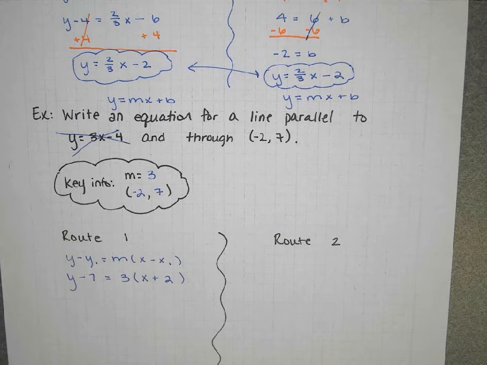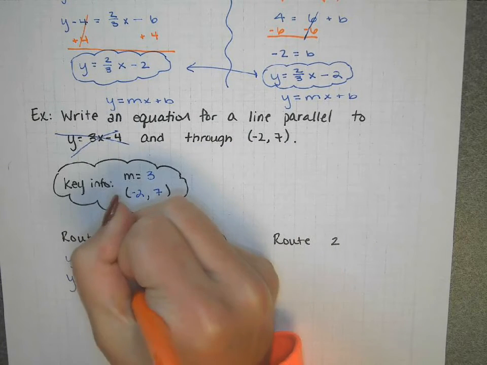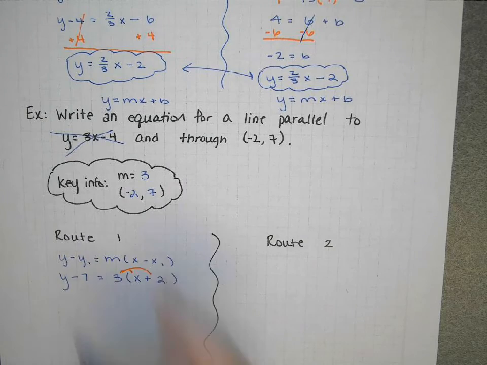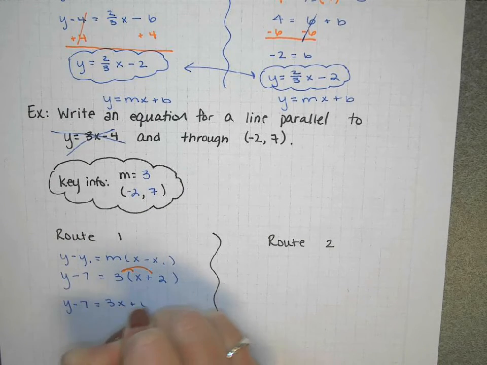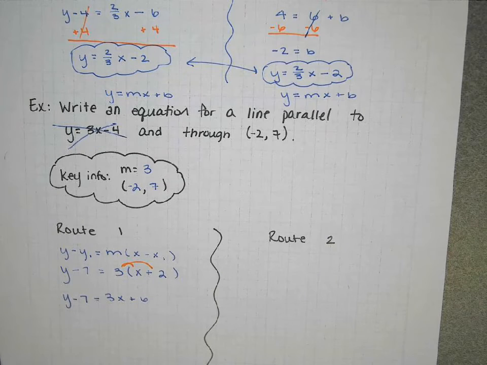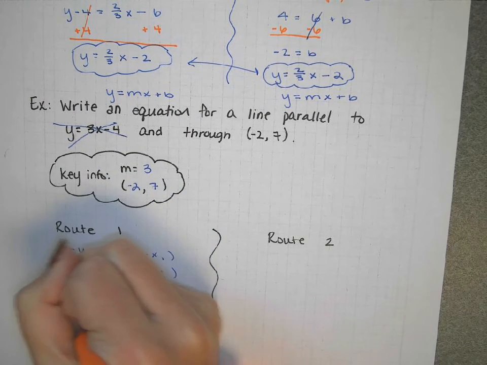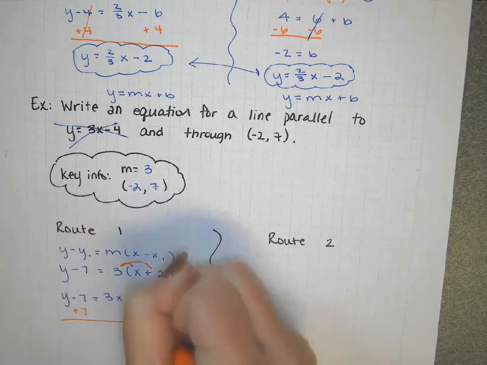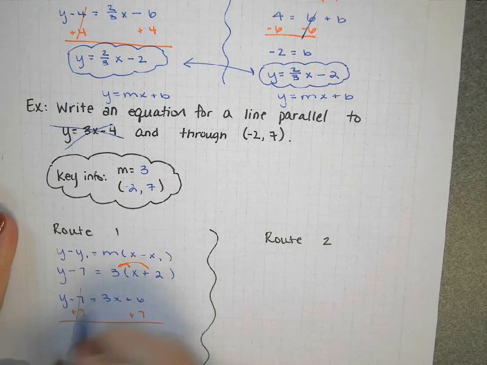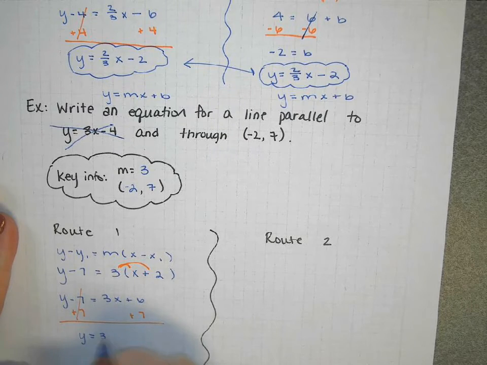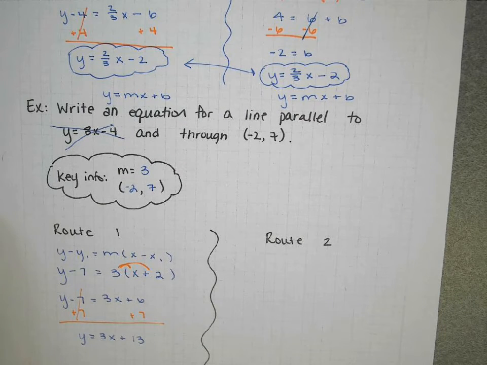So the first thing that we're going to do is we're going to distribute that 3 to get rid of the parentheses. Next, you're going to have to add 7 to both sides to get y alone. Y is now alone on the left, plus 13. Y equals 3x plus 13 is what we end up getting.